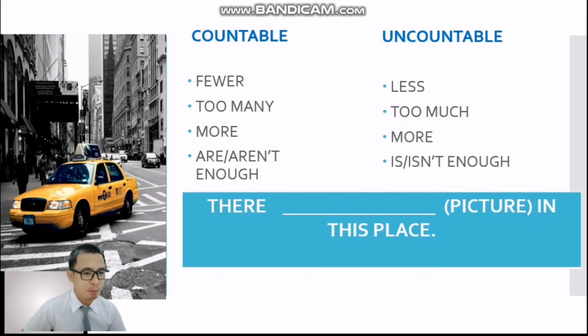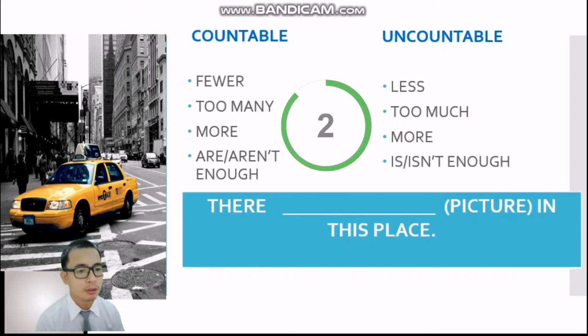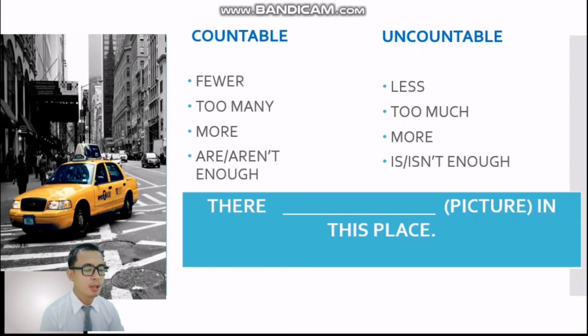So the next picture is this one. Then proceed to the sentence. There, blank, picture in this place. What is the correct quantifier for this picture? Your time starts now. Time's up.